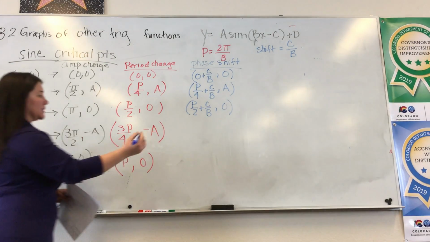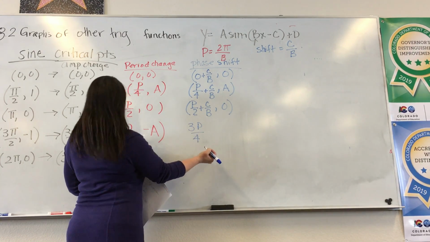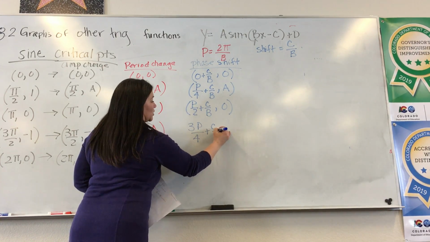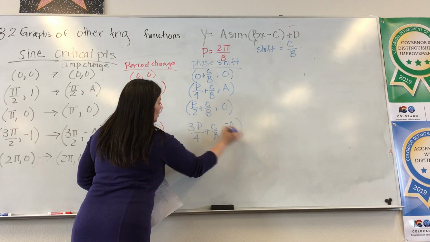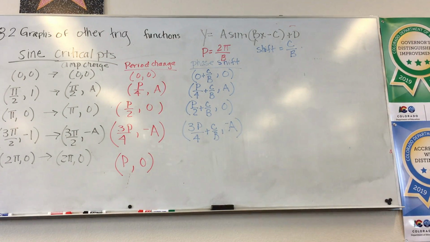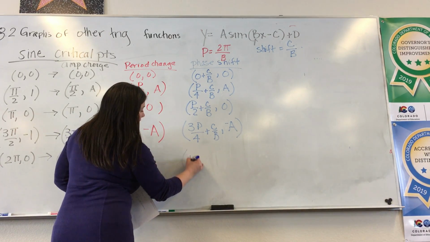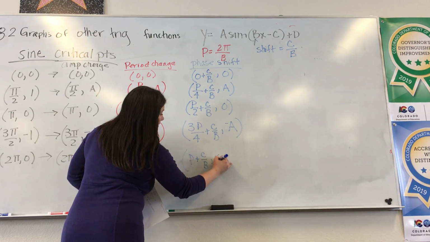Your minimum is now going to be 3/4 of the period plus the phase shift and the negative amplitude, or your minimum. And the last one is going to be your period plus the phase shift and 0.